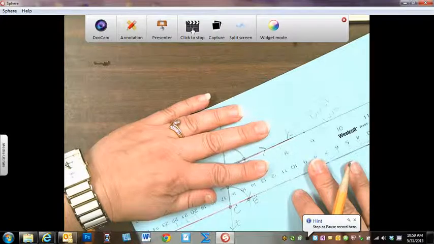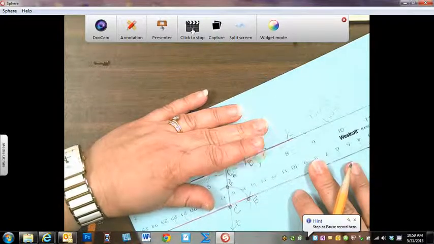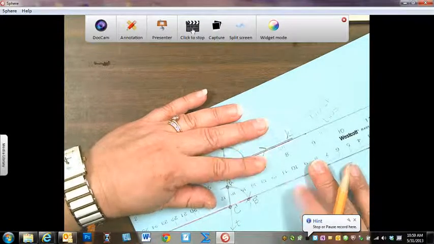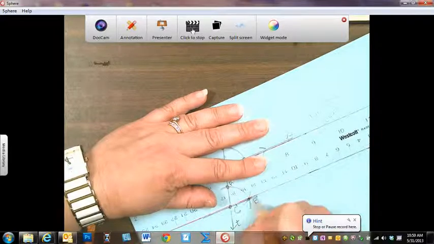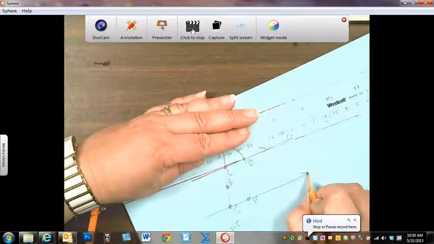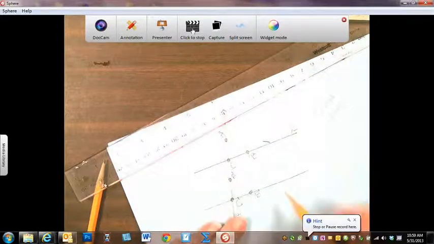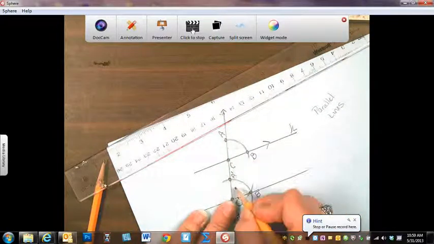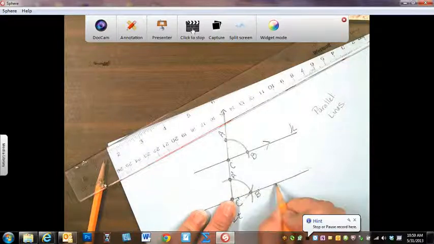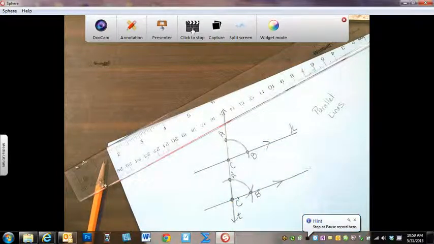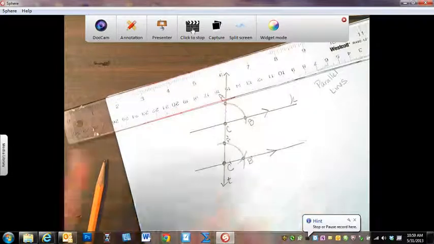When I connect that, now you might have a slight error here just because these points are kind of big. I'm doing that on purpose for the sake of demonstration. But we now have a pair of corresponding angles that are congruent, so that means these two lines are parallel. I hope that makes sense to you.